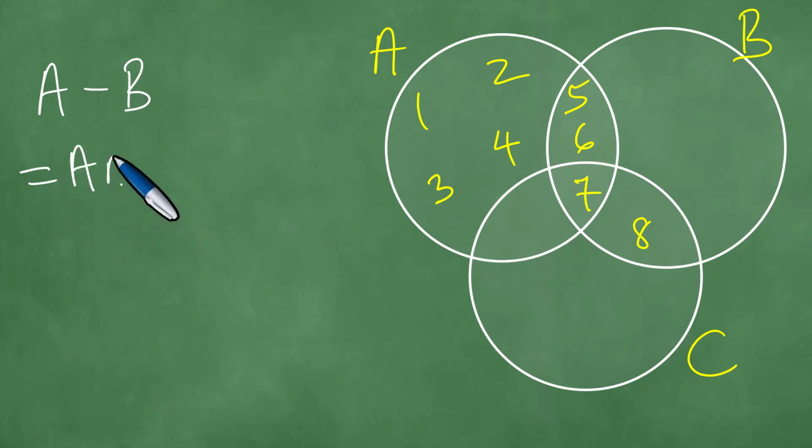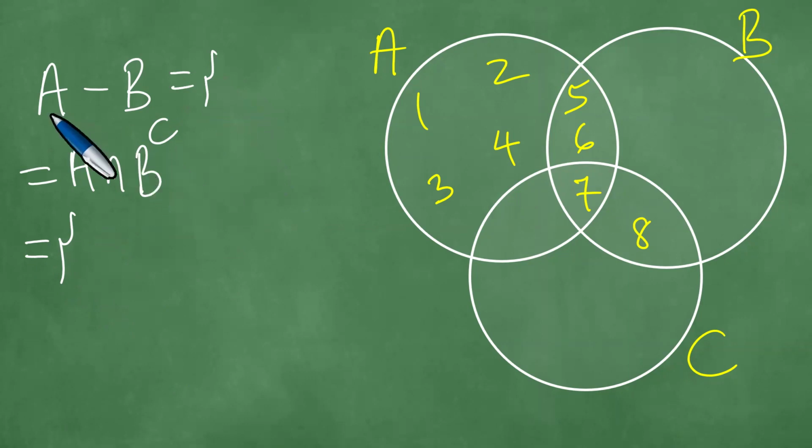You can also see that A intersection B complement is the same as A minus B. But from A, if you remove B, you are left with 1, 2, 3, 4. Okay, 1, 2, 3, 4, like this.